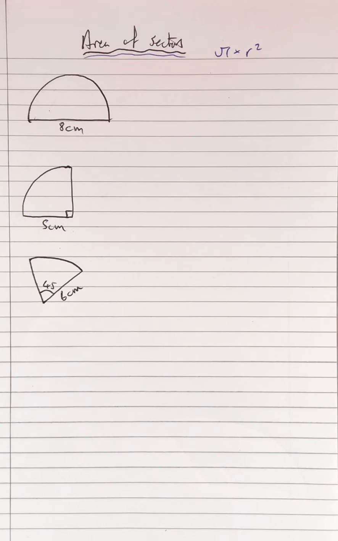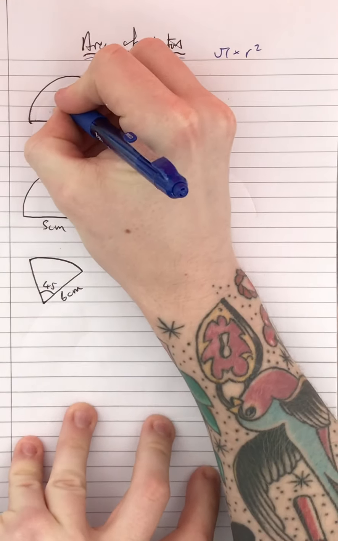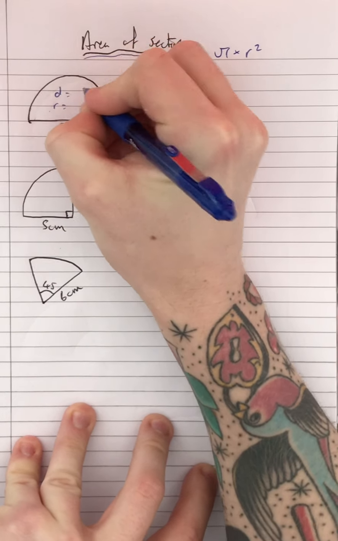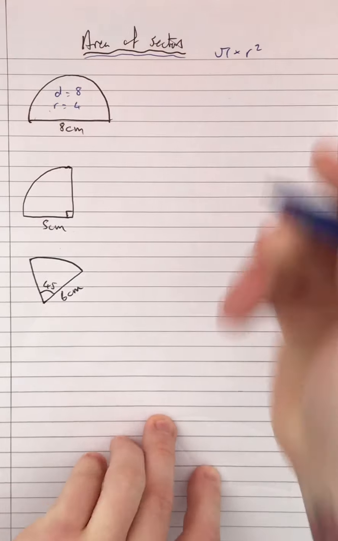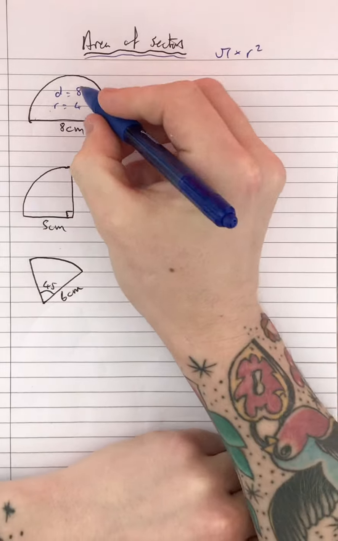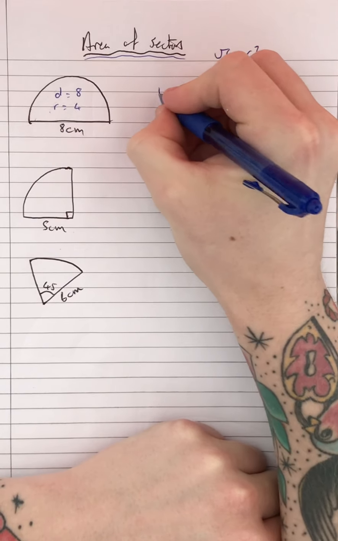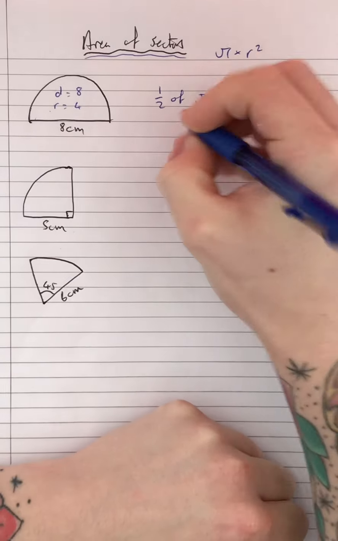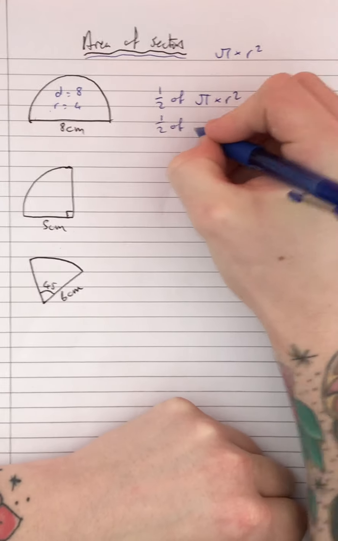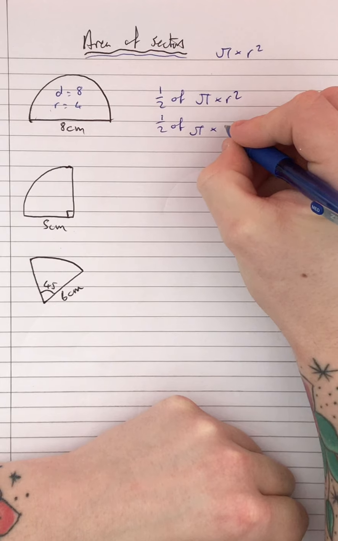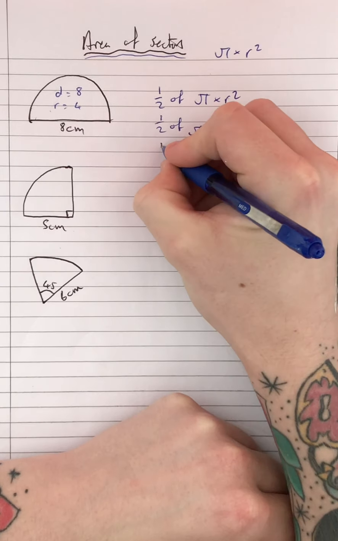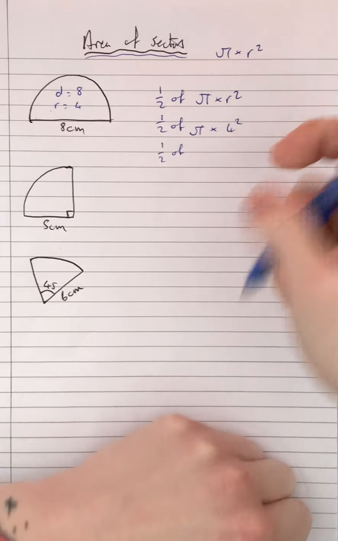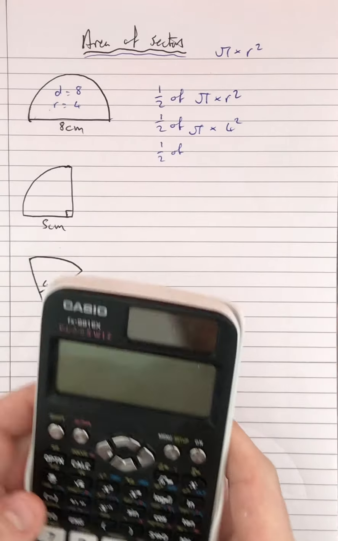So I'm going to start off by writing my diameter and my radius. I've got half of a circle, so my area is going to be half of pi times the radius squared, half of pi times 4 squared. Pi times 4 squared, I'm just going to put into my calculator.